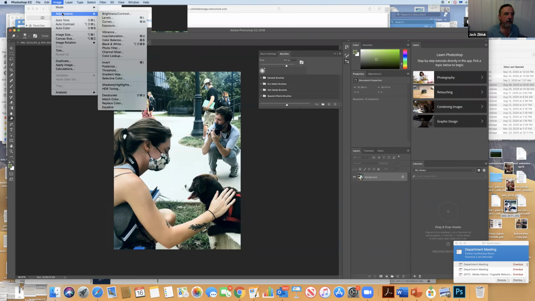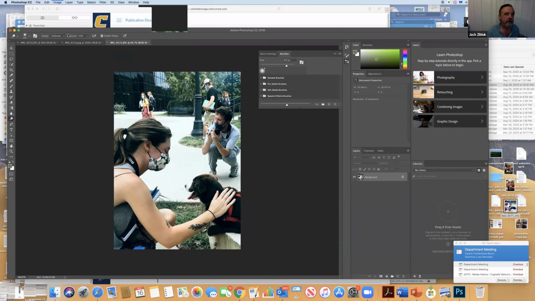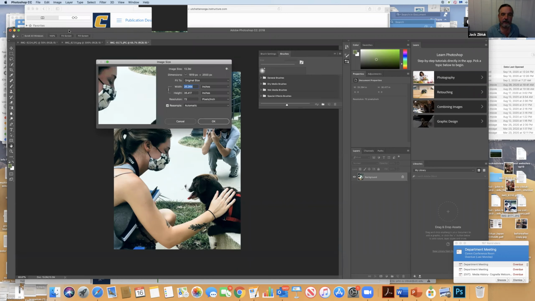Then image, where is mode? Okay, image size. See, 25 by 35 at 72 dpi. This is huge. So for this assignment, if you can, let's call it a 5 by 7 at 72 dpi, save one version.